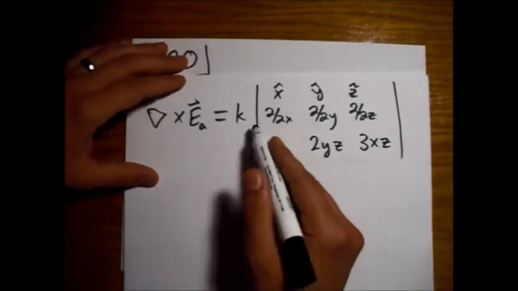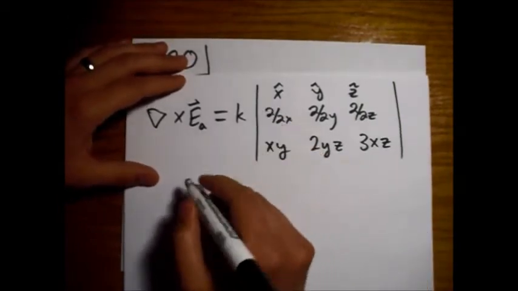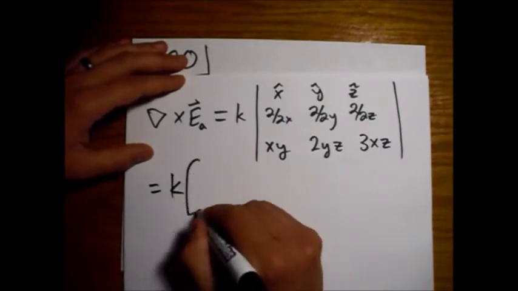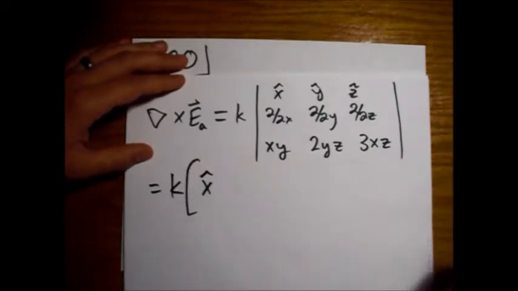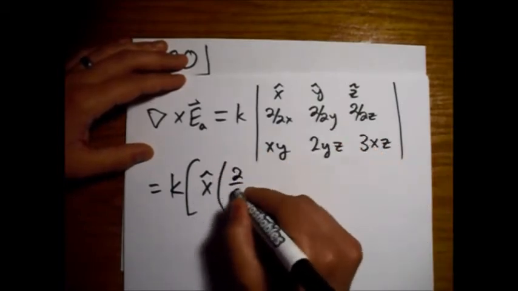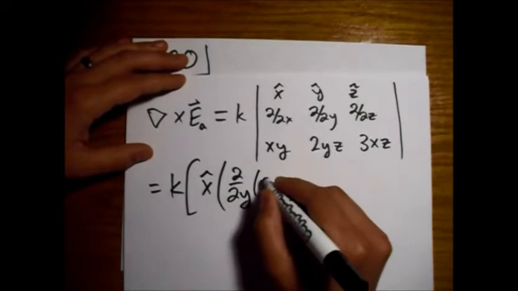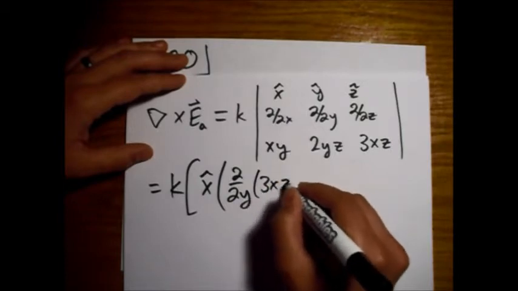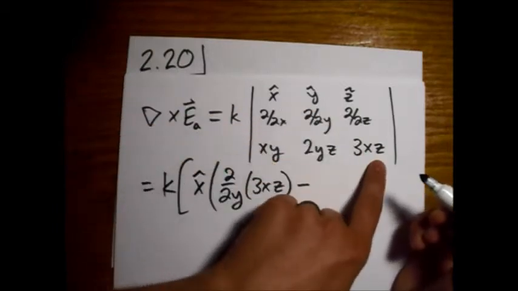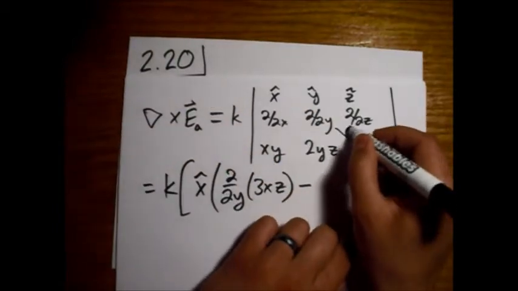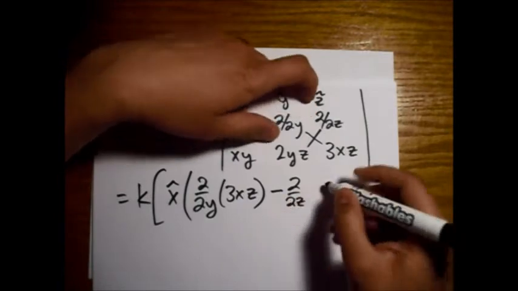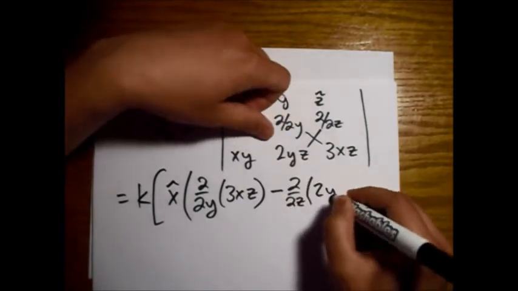Alright, so we will start with our x hat part, and for this we have d by dy of 3xz minus, okay, so we did this one, now we'll go minus this one, d by dz of 2yz.